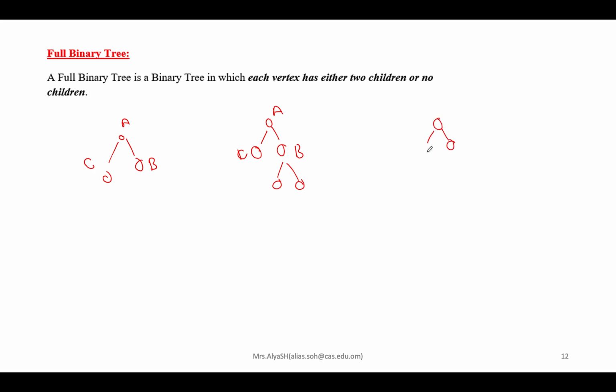Here we got E, F. Here we got 1, 2, 3, then 4, 5, 6, 7. And this is called a full binary tree. However, the order here is not right, because in a binary tree we have something special which we will identify in the next session, where we'll discuss the binary search tree.